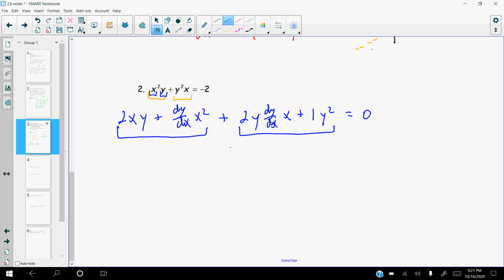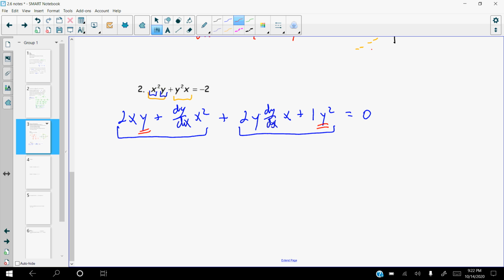Notice, and this is one thing you just have to be careful with, that when I put this particular piece in there, you might think to yourself, why don't I have y dy dx there? Because I wasn't taking the derivative of y, it was just being multiplied times the second term, which was y in that case. When I take the derivative of the y part, which is in the other pieces, that's when you have to tack on the dy dx as a multiplier.